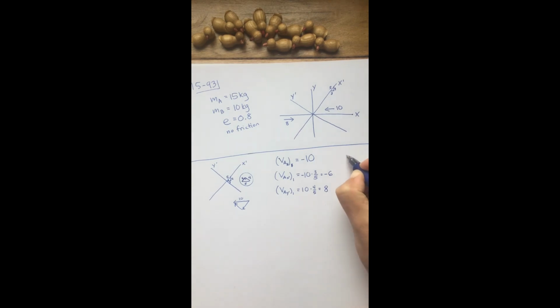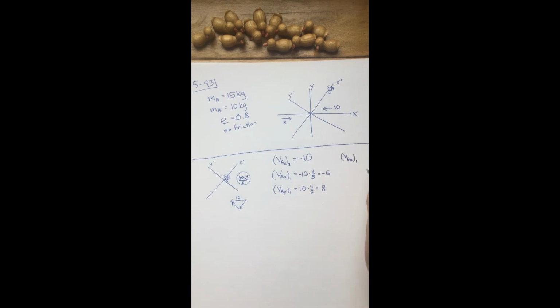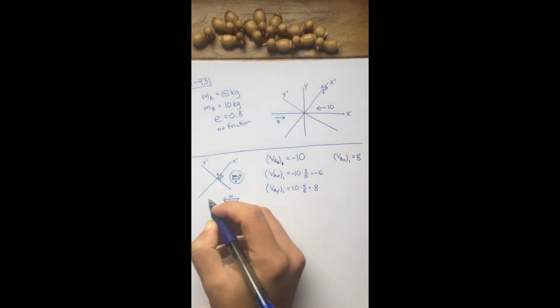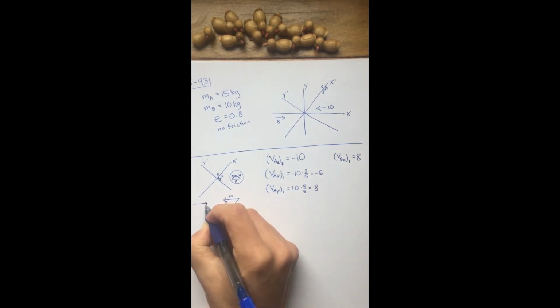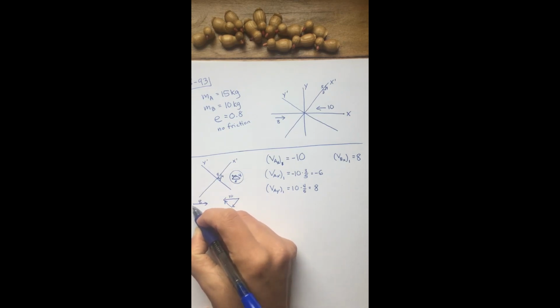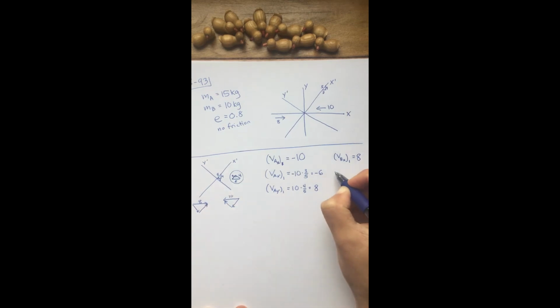Then we have VBx1, which is equal to 8. So that's going in the positive x direction, so this is 8. So I would have a negative y prime component and a positive x prime component. So I have VBx'1 and VBy'1.